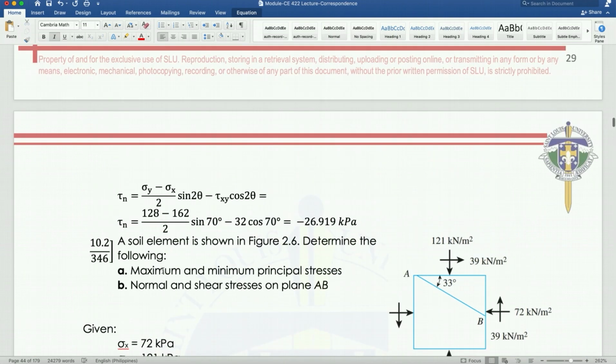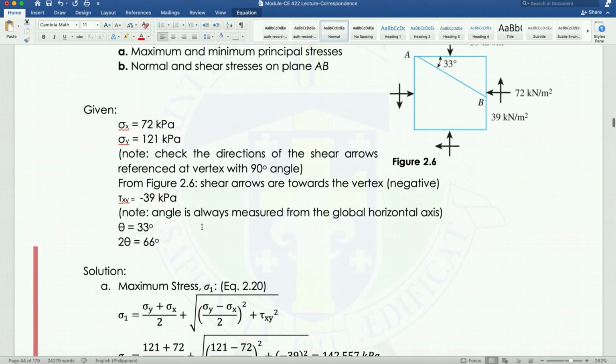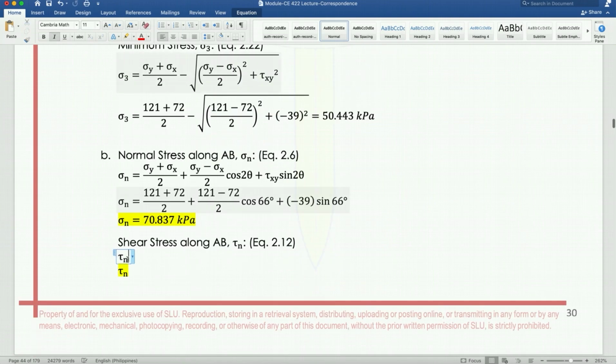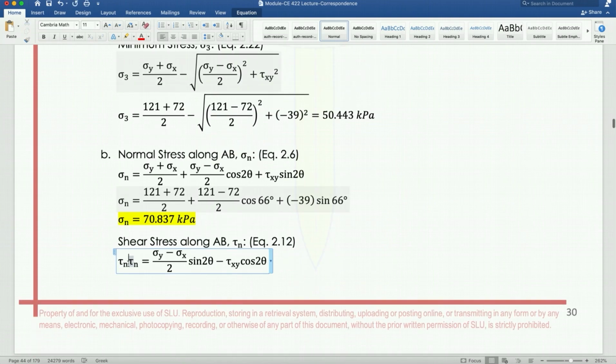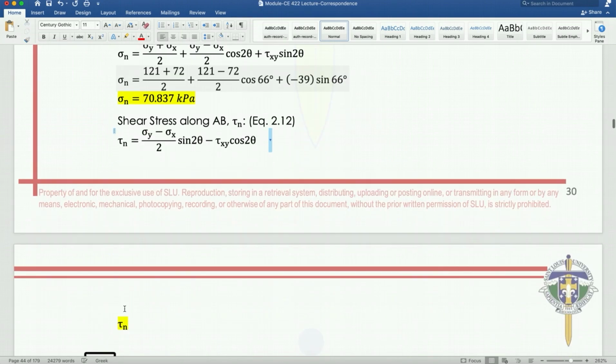Okay? Now, for the shear stress, what is our working equation? This is our working equation for shear stress. Okay. So, substitute natin yung mga values.